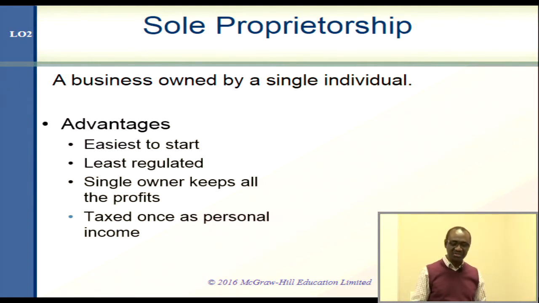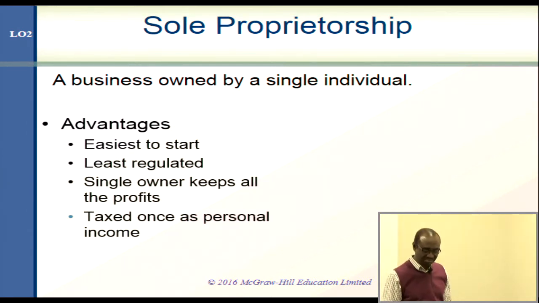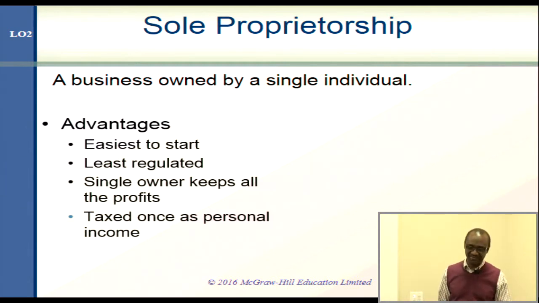So the business income is the individual income as well, and any tax that's applicable is paid by the individual. In essence, business income here is taxed under an income tax regime, which means there's no separation between the company and the individual. So one tax regime operates with this form of business organization.